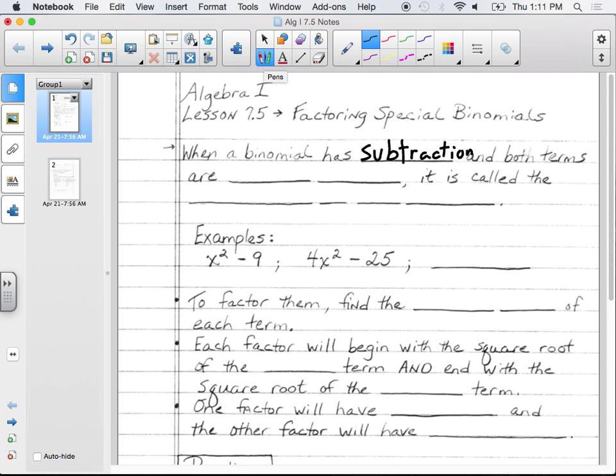When a binomial has subtraction and both terms are perfect squares, it is called the difference of squares.